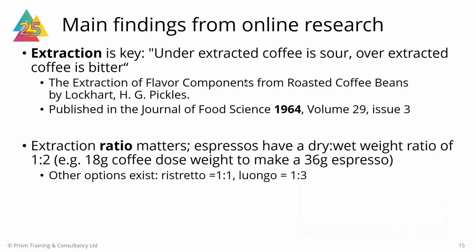Also related to that, there are different extraction ratios that we can look to make our coffee to. Classic espresso has a ratio of 1 to 2. That is, we use 18 grams of ground coffee to make a 36-gram drink. And that ratio is what most people consider to be about right for an espresso, but it's open to interpretation. It's subject to our individual tastes and preferences.